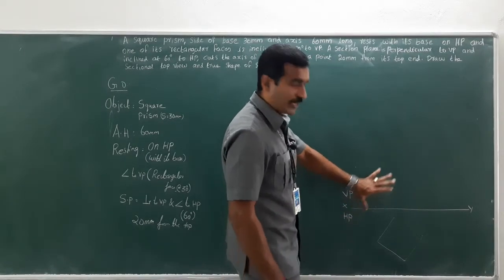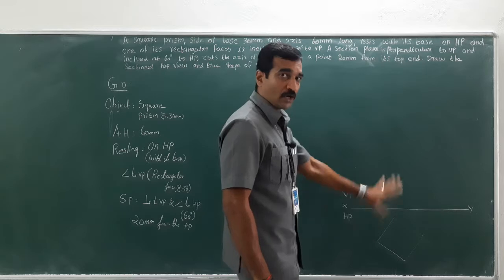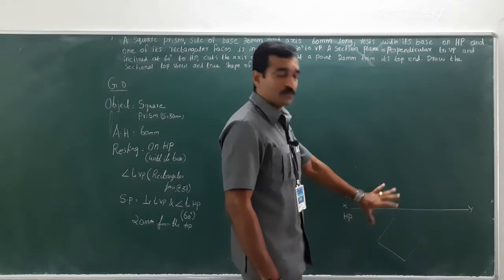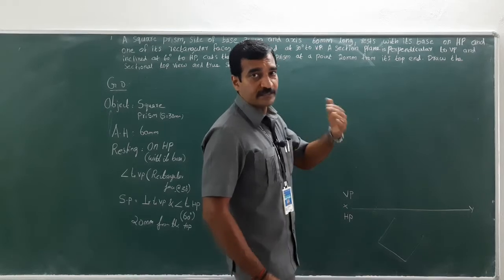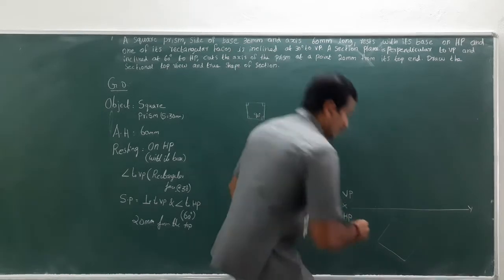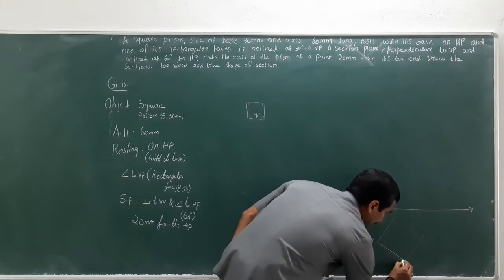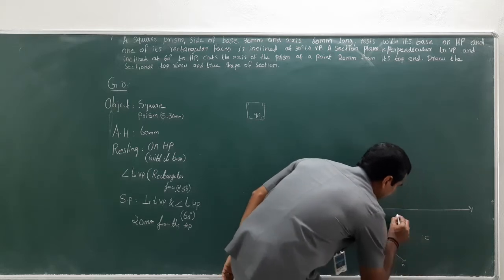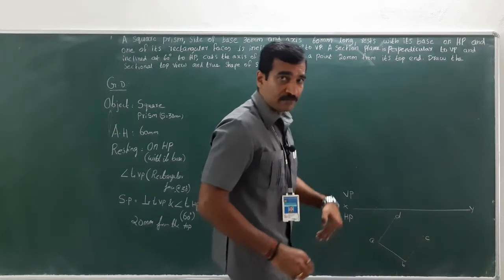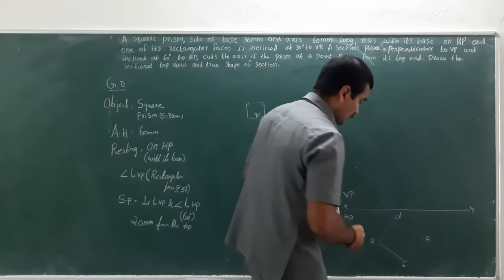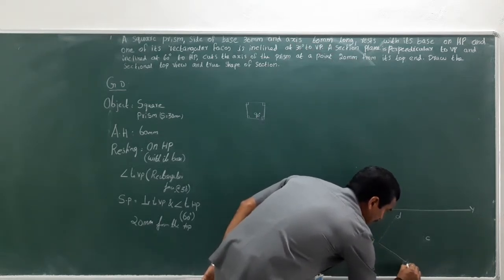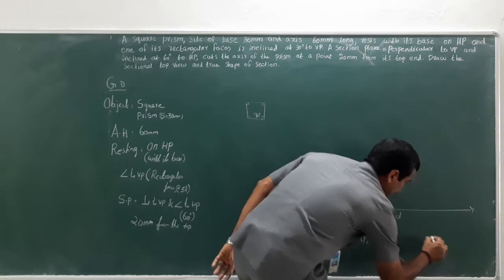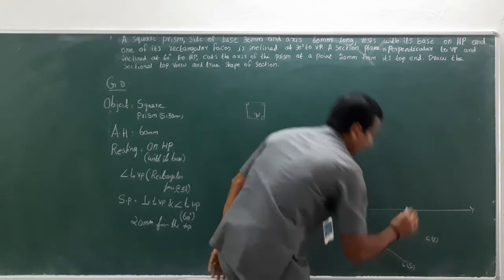So first you draw a thin line for everything. As it is a prism, you have two faces, the top face and the bottom face. For the top face, let me give the naming A, B, C, D, and for the bottom face or base I am going to give P, Q, R, S, because those are invisible. That's the reason I am capturing them within brackets.